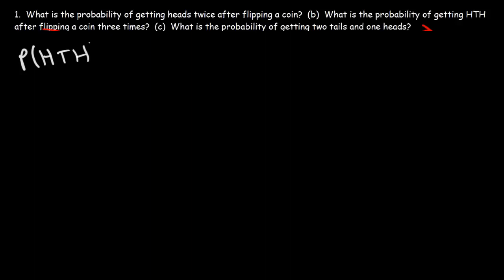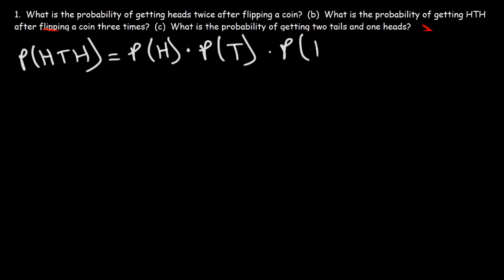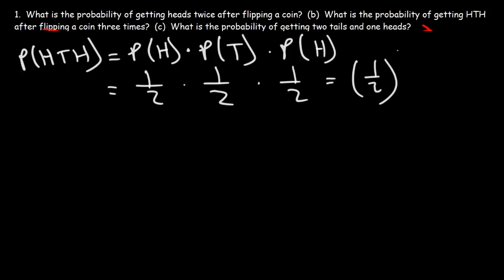So HTH, this is going to be the probability of getting heads on the first try times the probability of getting tails on the second try times the probability of getting heads on the third try. And so for each of these events, the probability of them occurring is 1/2. So this is basically 1/2 raised to the third power. 2 to the third is 8, and 1 to the third is 1. So the probability of this happening is 1 out of 8.